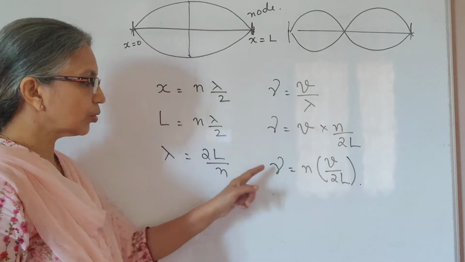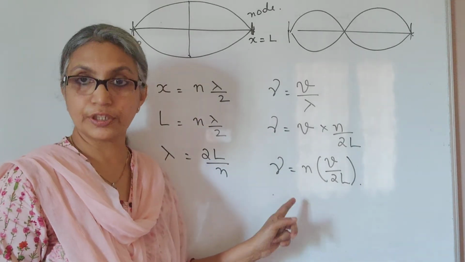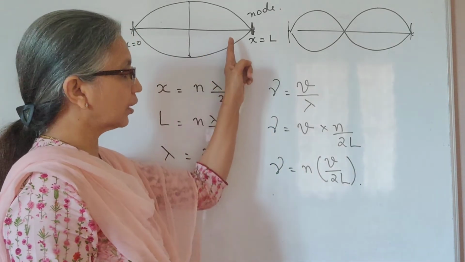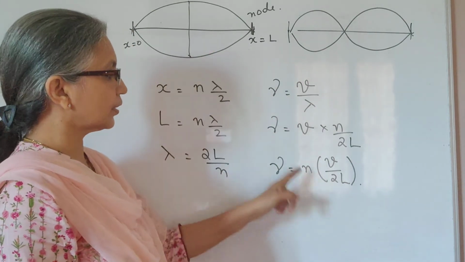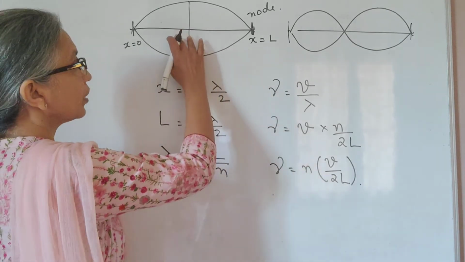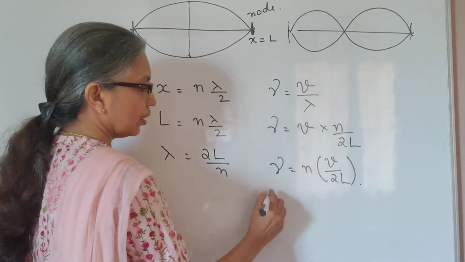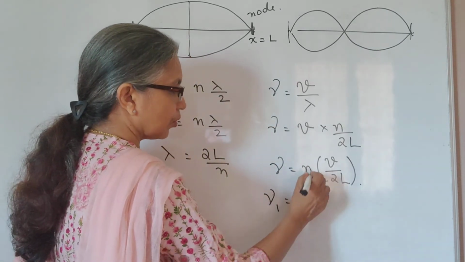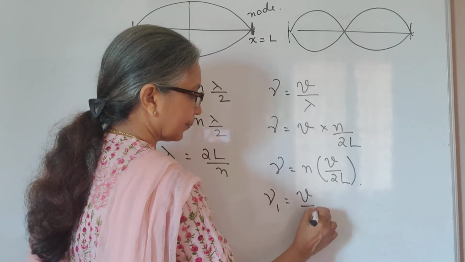That means you can produce different frequencies in the same string by setting it up into different modes of vibration. For example, in the fundamental mode, you have n equal to 1, where the frequency ν1 is 1 times v by 2L.